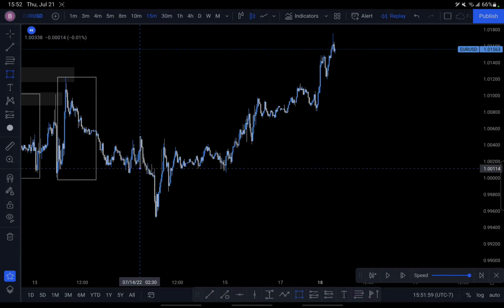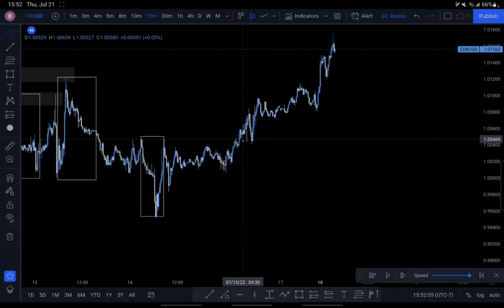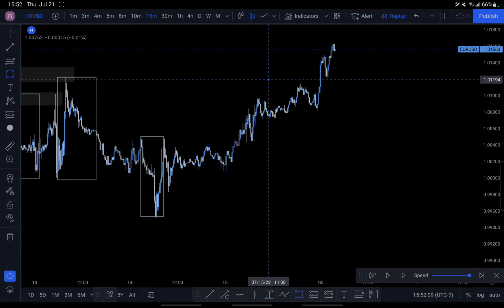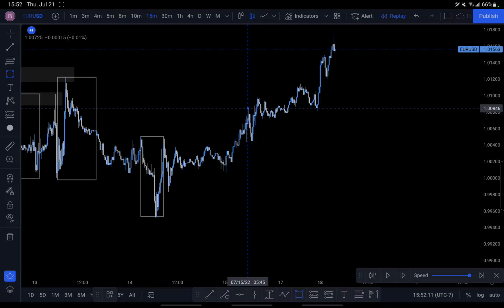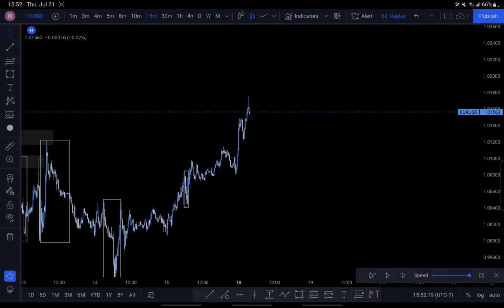We have this down move here. Created this MB, got validated here. Down move, created this MB. Okay, now we're just gonna keep following it.